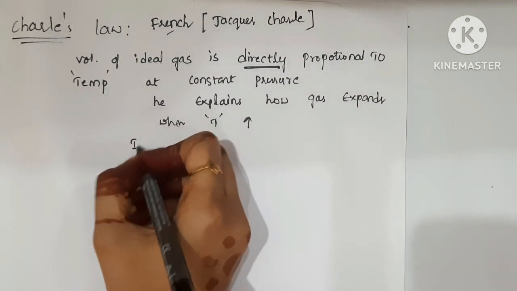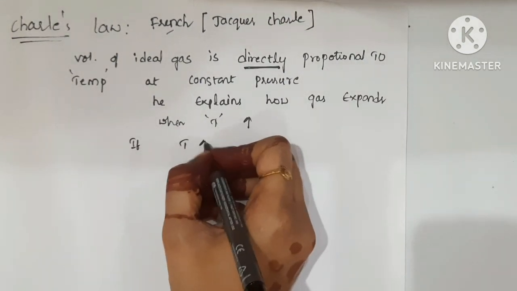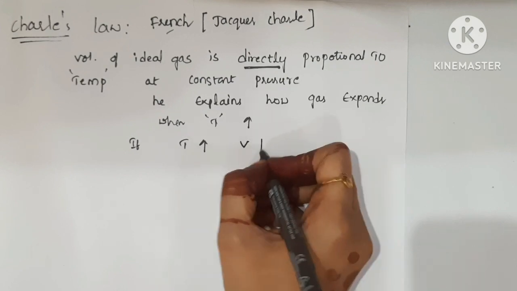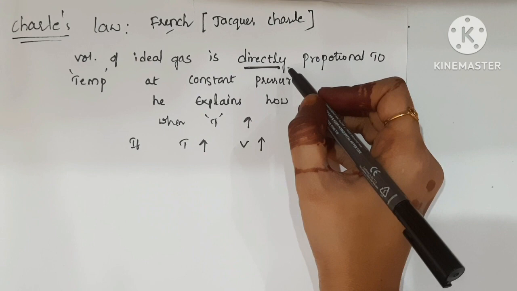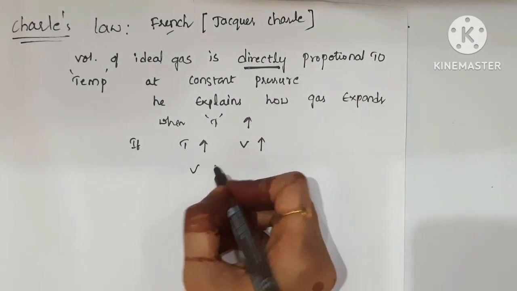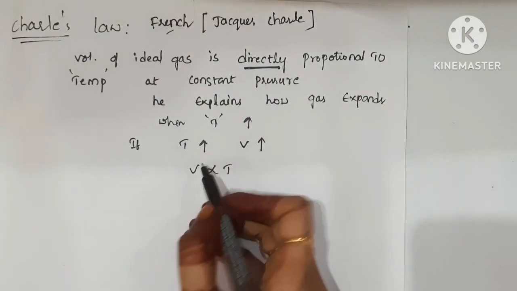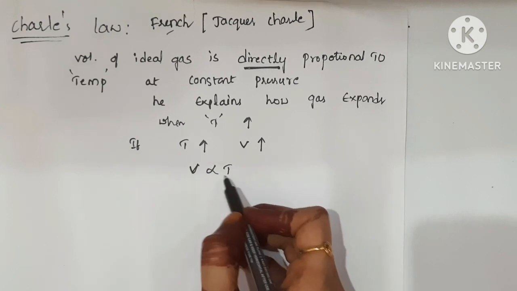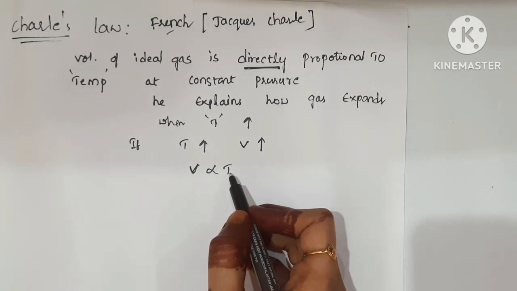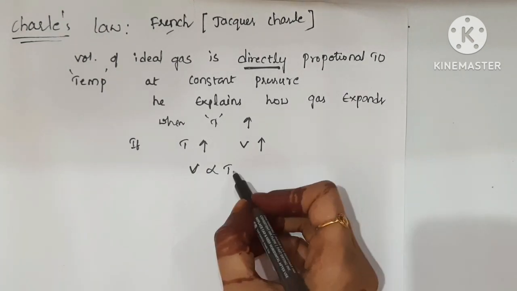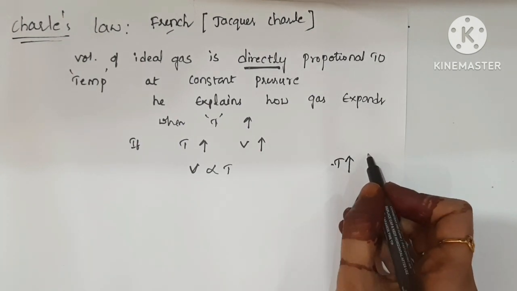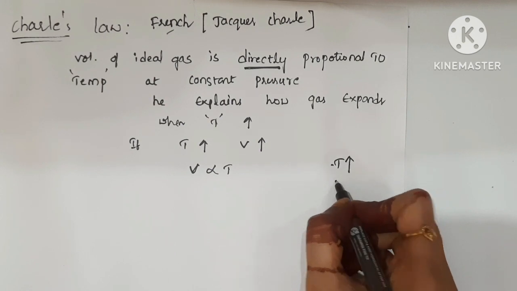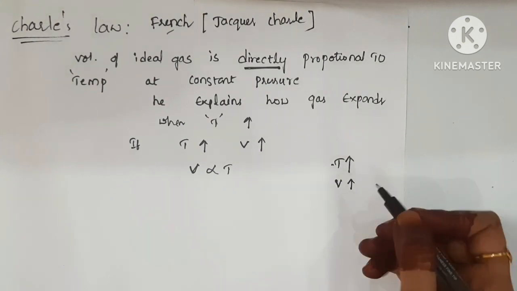If temperature increases, obviously volume also increases. Why? Because it is directly proportional. V is directly proportional to T. So when the temperature increases, obviously the volume also increases. If we increase the temperature of any gas, then definitely the volume also increases.